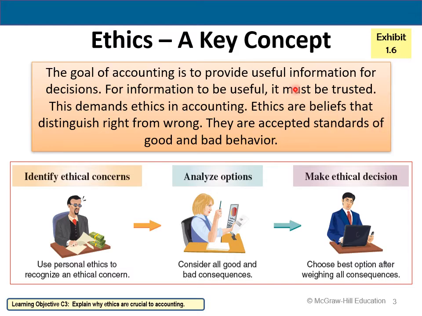Ethics. So there have been high-profile accounting failures. Accountants who were unethical in the way they did their job. All right. And so suffice it to say that ethics is a big part of accounting because you want to be able to trust the financial statements, because for most companies, all you're going to see from their operations is a set of financial statements.